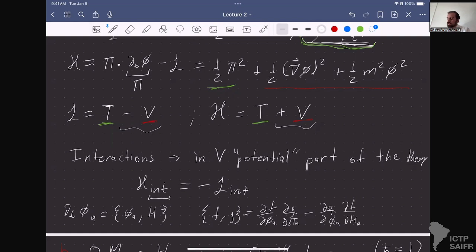And what you find is that the time evolution in this case is going to be the same time evolution that you find with the Euler-Lagrange equations. So in that sense, they are equivalent. Using the Hamiltonian formalism and the Poisson bracket, you have at the end the same time evolution and the same equations as if you use the Euler-Lagrange equations.